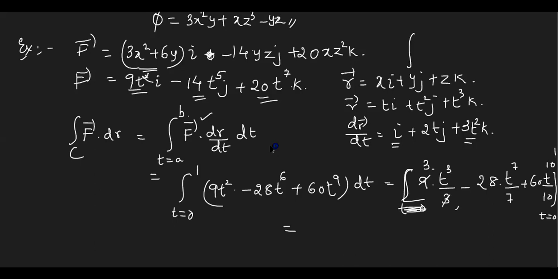Now substitute the upper limit, which is 1, and the lower limit 0 becomes minus 0. 3 minus 4 plus 6, the answer is 5. Yes, correct. So this is how we have to calculate the line integral.